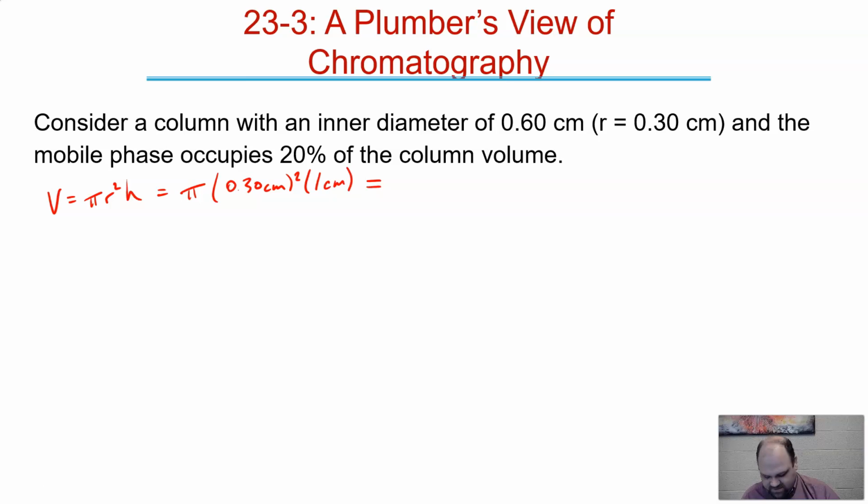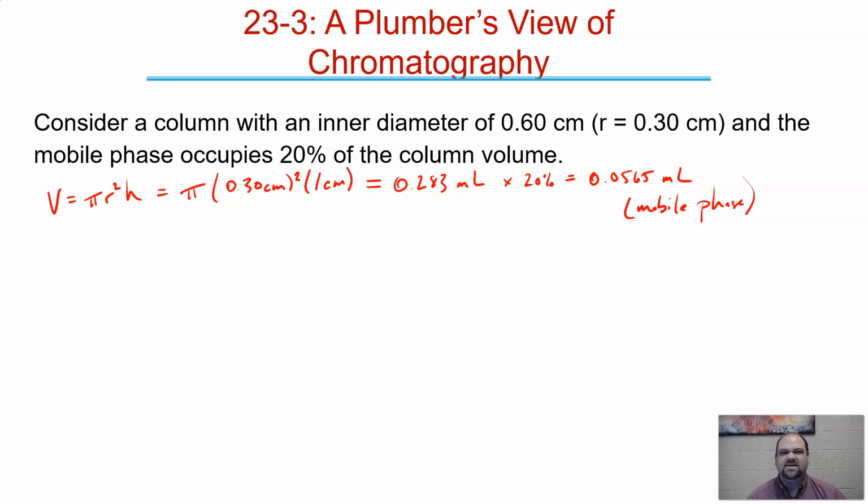And so I end up with a total volume of 0.283 milliliters. Okay, but I'm told that only 20% of that is actually the mobile phase. And so I'm going to multiply that by 20% to get a volume of 0.0565 milliliters. And again, that's my mobile phase.